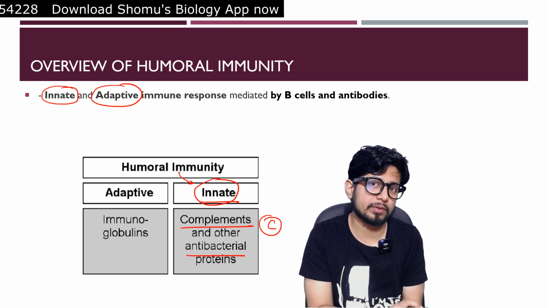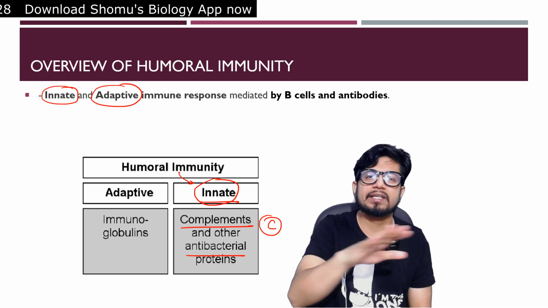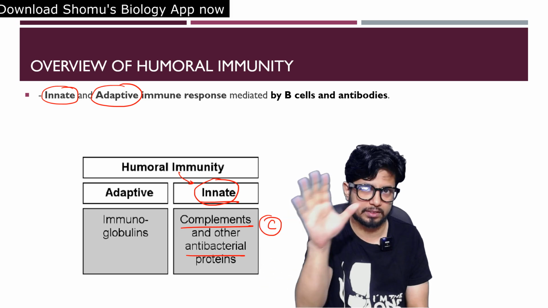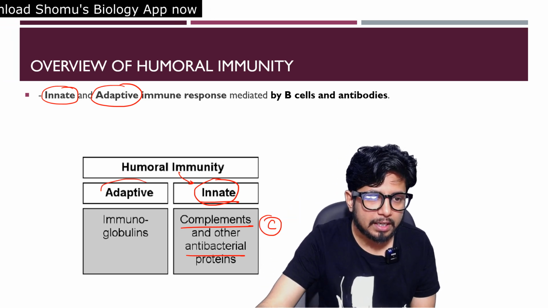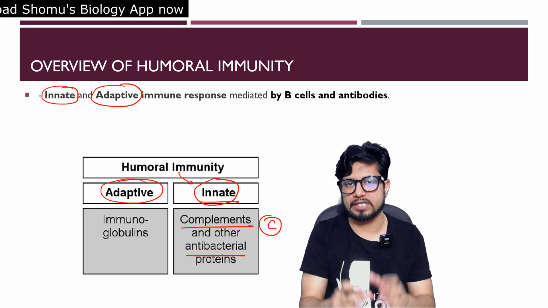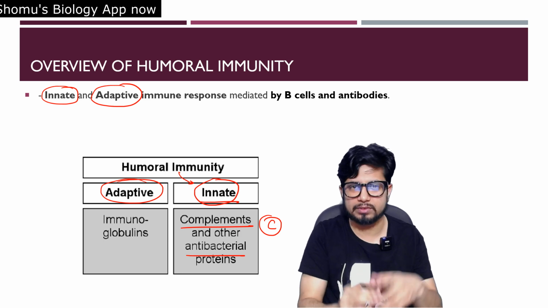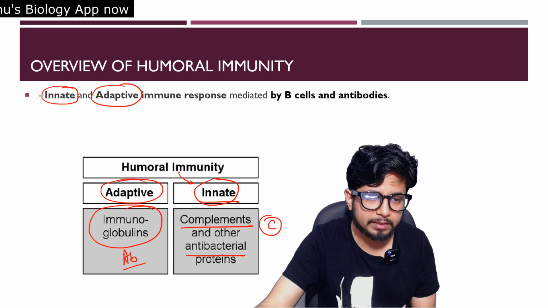That is innate immunity. They don't adapt to it. They fight irrespective of the antigen they encounter. There is no specificity of interaction in the innate form, but in the adaptive form there is a specificity of interaction between the antigen and antibody, the proteins used there. In the adaptive form they use antibodies, also known as immunoglobulins.